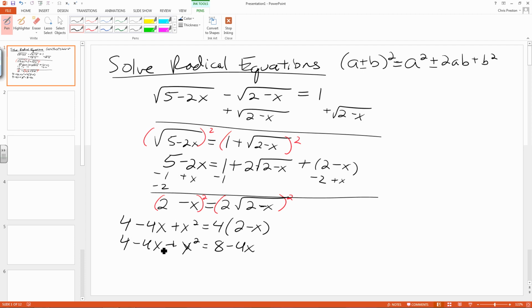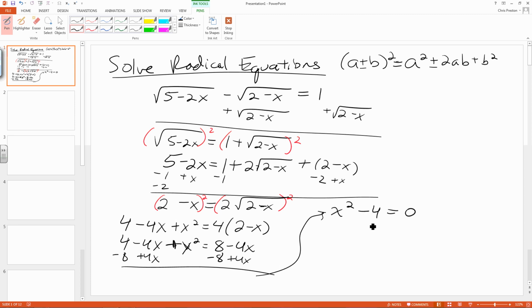Probably want to get it equal to 0. Okay, subtract 8, add 4x. I'm going to rearrange this over here. The x squared first. 4x and the negative 4x are going to cancel each other out. 4 minus 8 is going to be a negative 4 equal to 0.